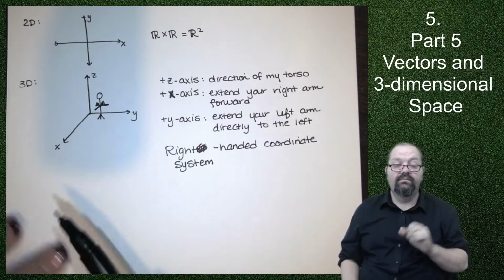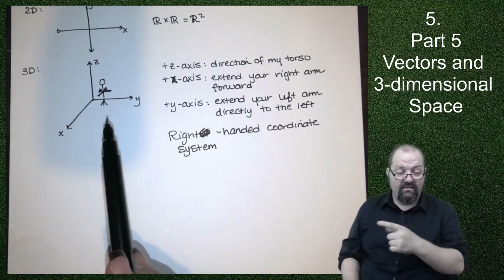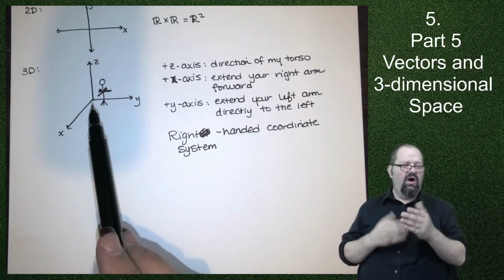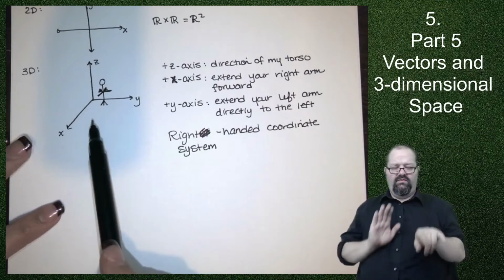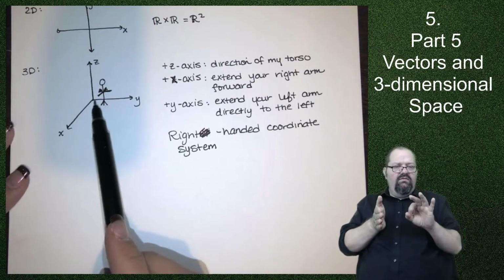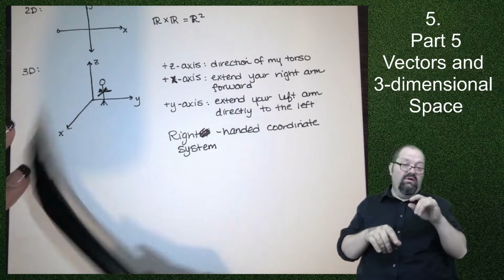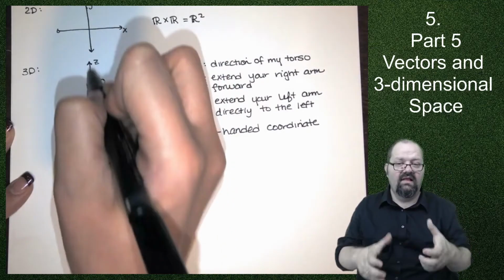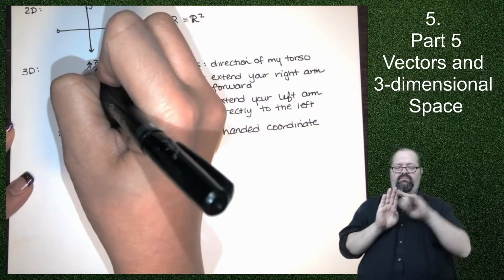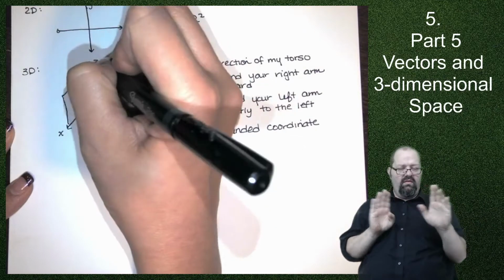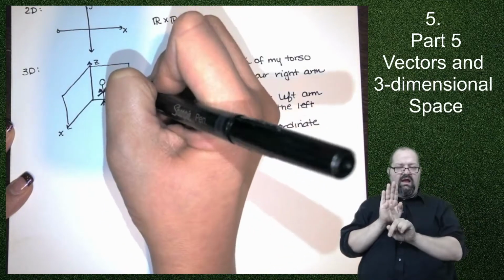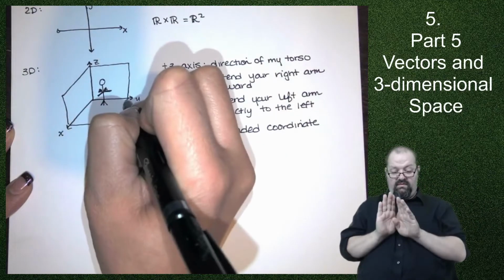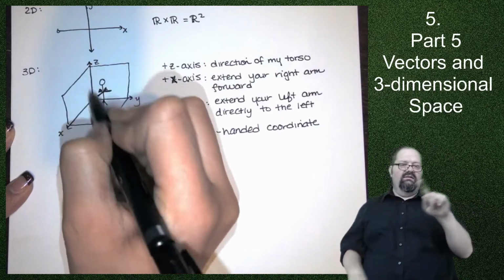Another way to think about this is to think about this as a room. Like if you're standing in the back corner of a room like this, I often do this when I'm in class. The z-axis is like that seam on the wall that's facing up. I'm standing in a room like this. The z-axis is in that back corner.